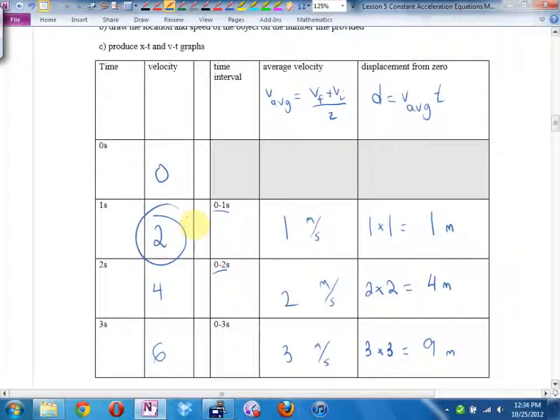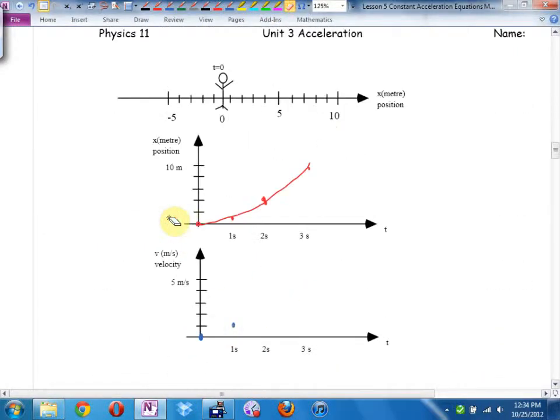After 1 second, how fast were we traveling? 2. Knew that seemed wrong to me. After 2 seconds, not our average speed, how fast are we traveling? 4. And after 3 seconds?